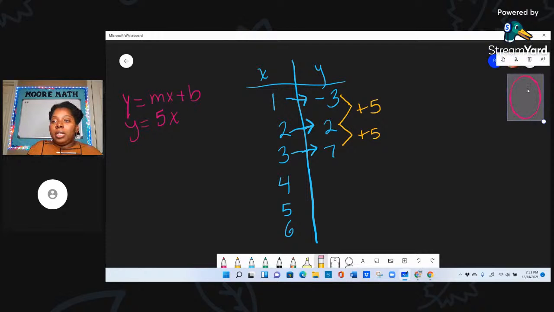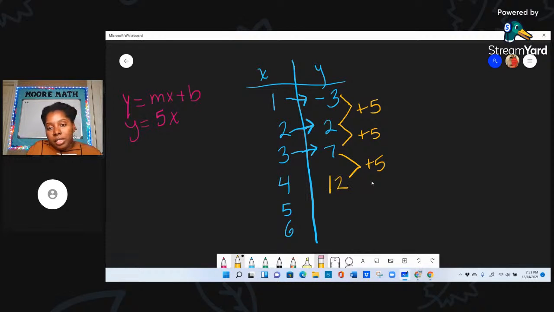Now, what's the next one? So we have negative 3, 2, and 7. What's after that? If I'm going up by 5. 12. Good. Okay, increase it by 5.